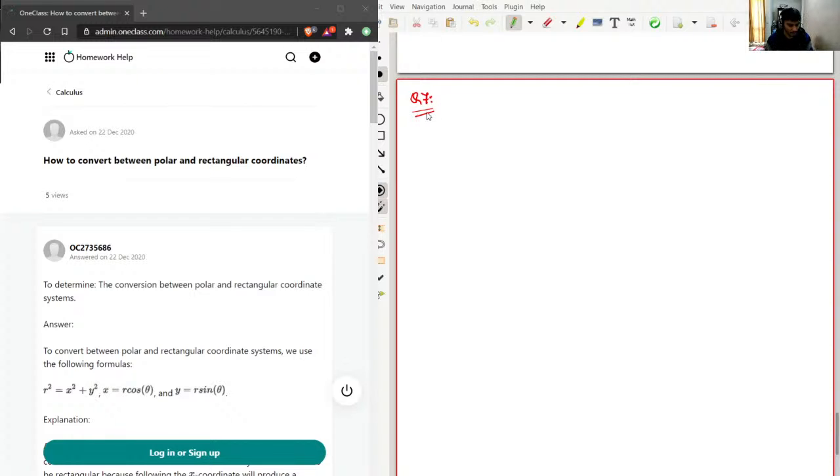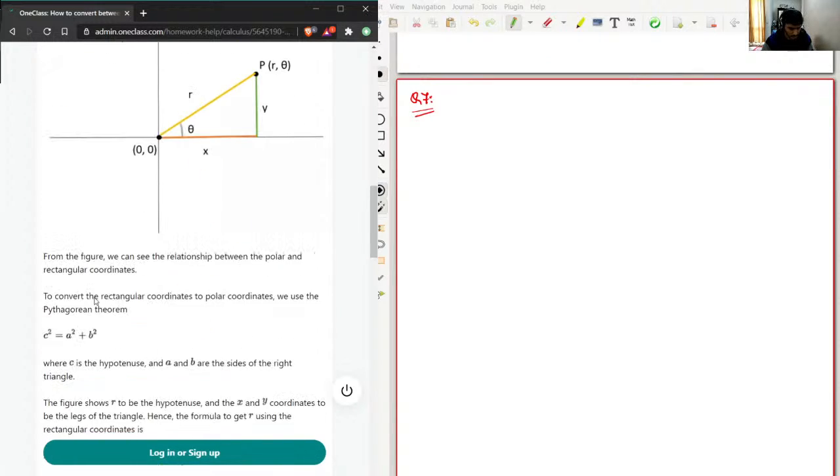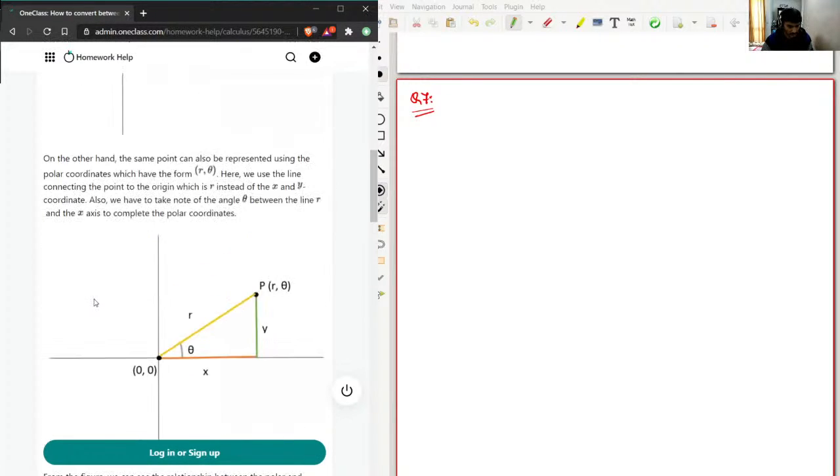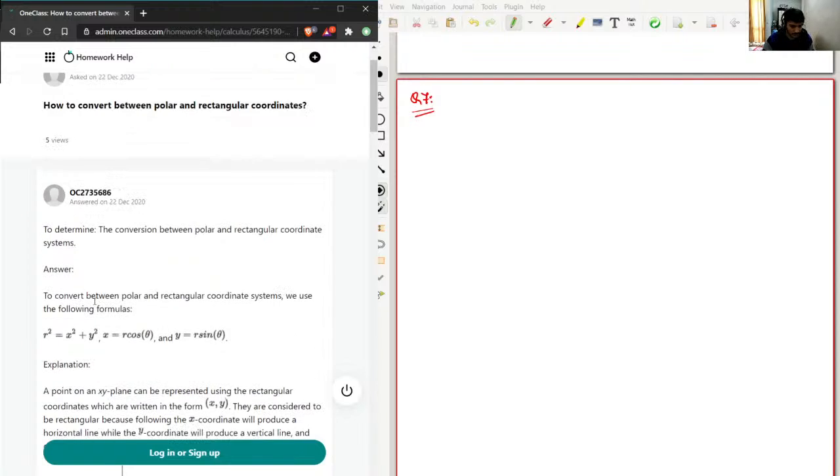So how to convert between polar and rectangular coordinates? Okay. So I'll just see the solution. Oh god. I'll just explain it. We need to convert between polar and rectangular. Okay.